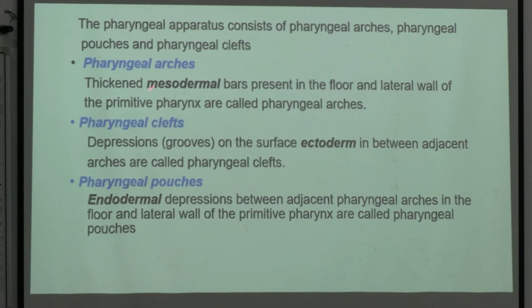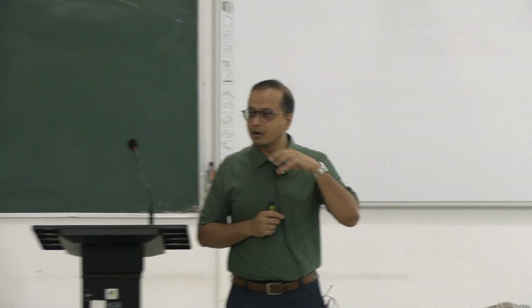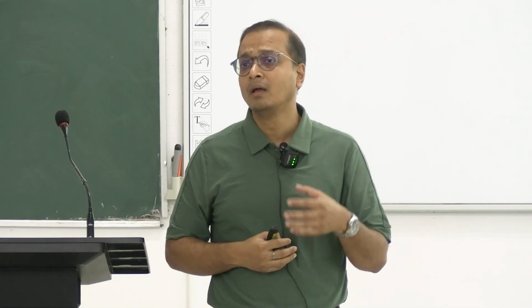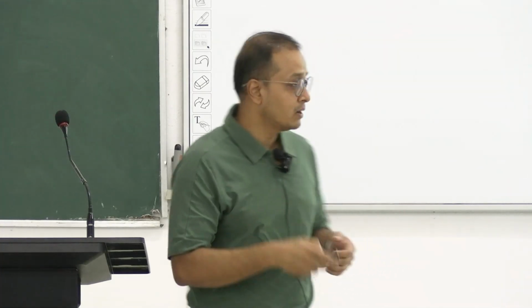All together, arches, clefts and pouches we call the pharyngeal apparatus. And all three contribute to the formation of the neck and face structures that we have.